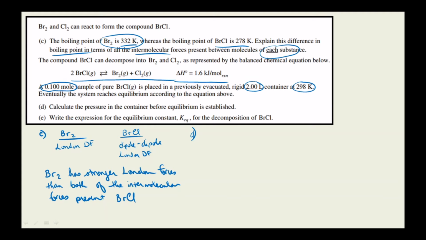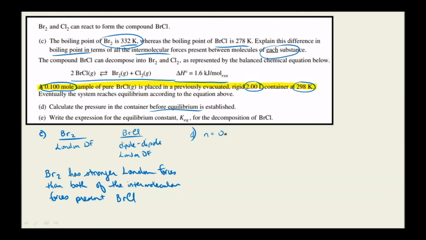And we want to calculate the pressure in the container before equilibrium is established. Okay, this line of information is given to us as the situation before equilibrium is reached.